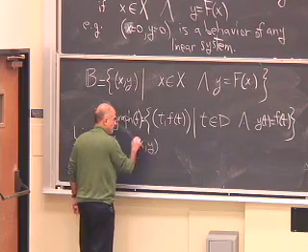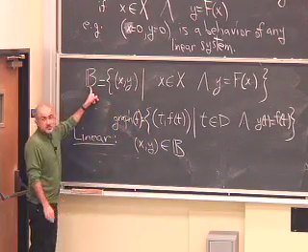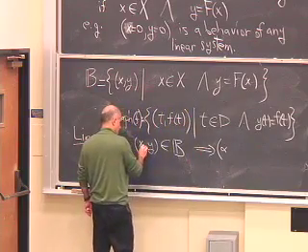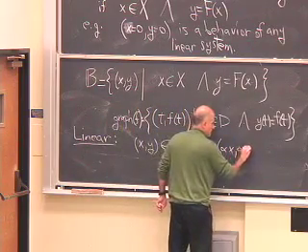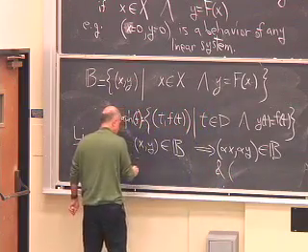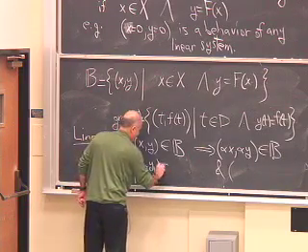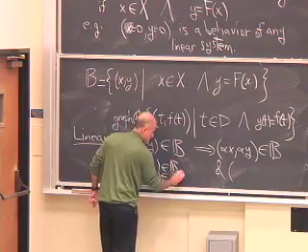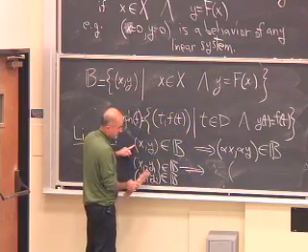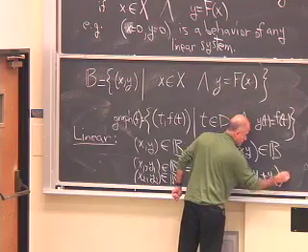A linear system is a system such that if x, y is in the set of behaviors, then alpha x, alpha y is in the set of behaviors, and if x1, y1 is a behavior and x2, y2 is a behavior, then x1 plus x2 and y1 plus y2 is a behavior.